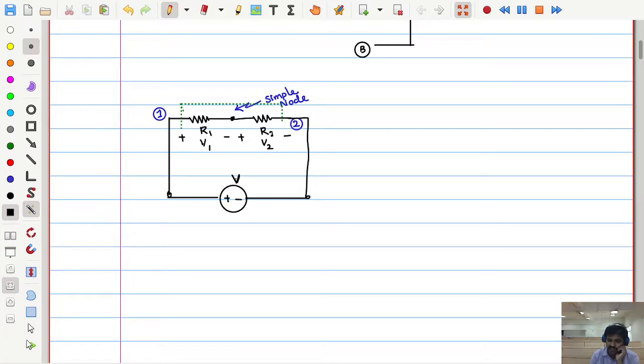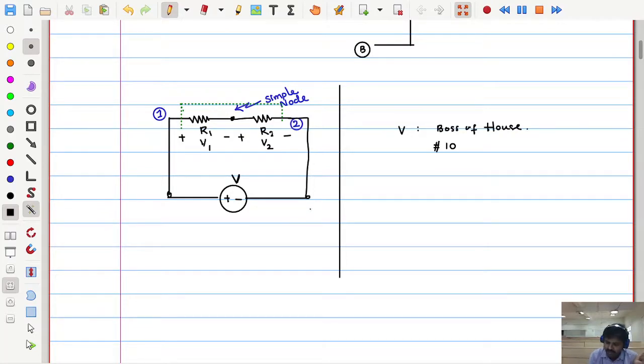You can understand this in a simple analogy: the source V is just like the boss of a house, like your father. Let us say he has brought 10 chocolates.